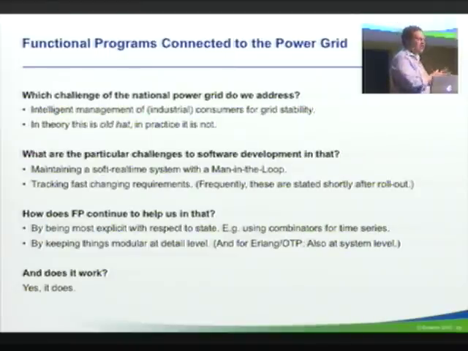To maintain a soft real-time system with a man in the loop, which is sort of a new thing, at least for me, and tracking a very fast-paced requirements environment. Often requirements are verbalized at the moment when the software is rolled out, which might be a little late in the process. But so far we didn't veer too far away from the path of good faith.